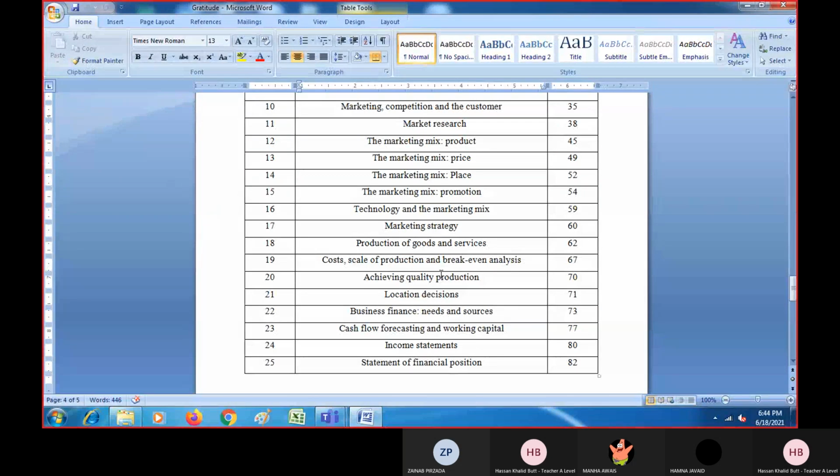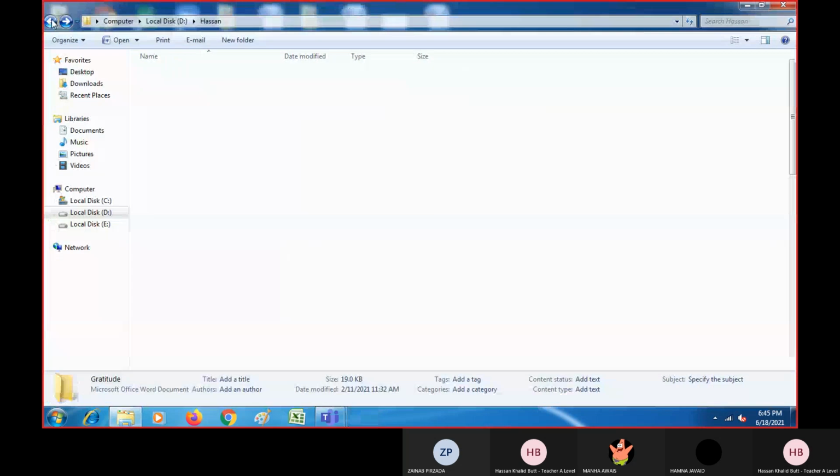We covered cost, scale of production, and break-even analysis. We did that way back when I started teaching you, right? So now we'll be talking about chapter number 22, that is business finance needs and sources. And then we'll be covering 23, 24, 25, 26, right? So now 22, business finance needs and sources. So let's discuss that.